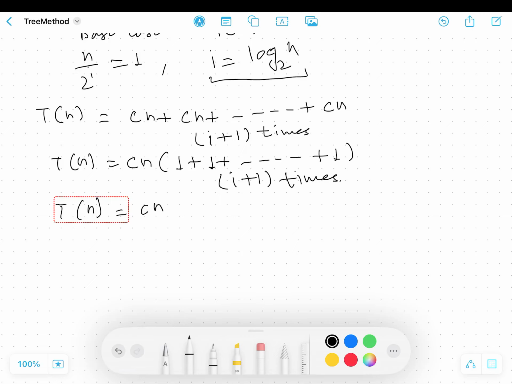So if we sum these I plus 1 times, we are going to get, right?